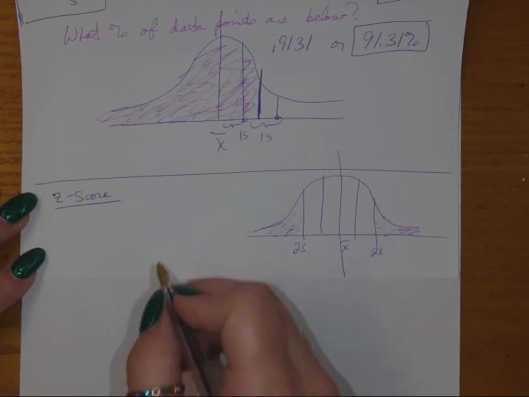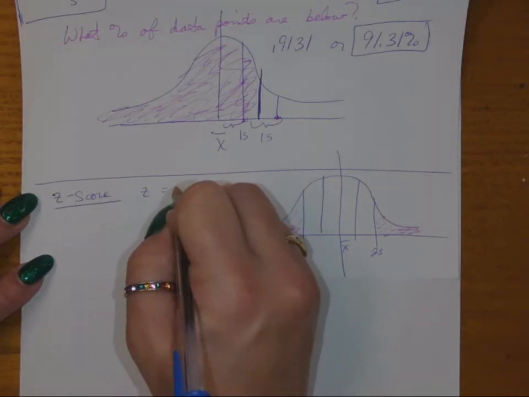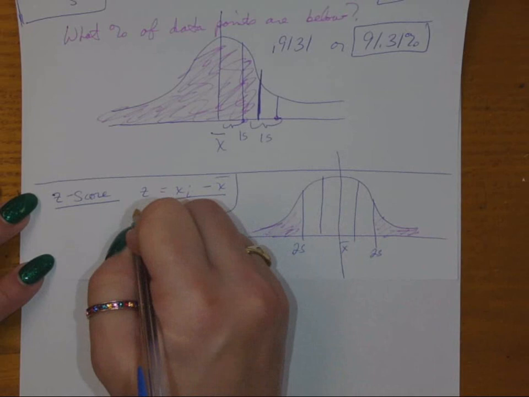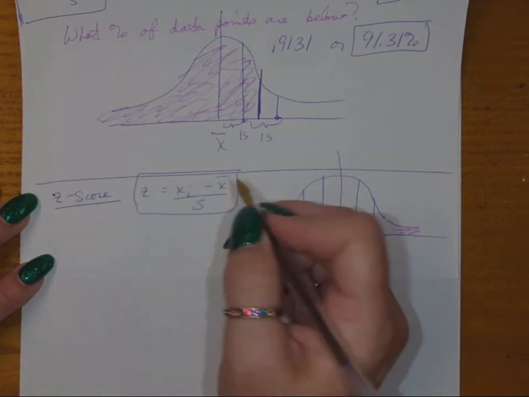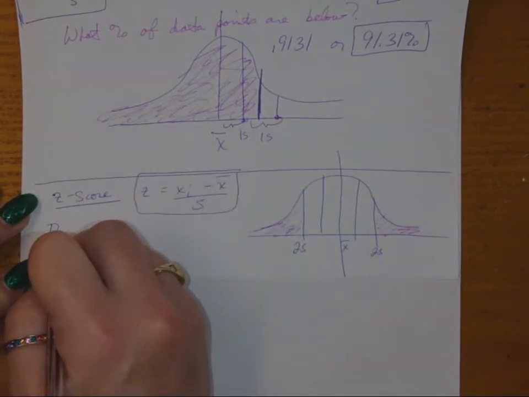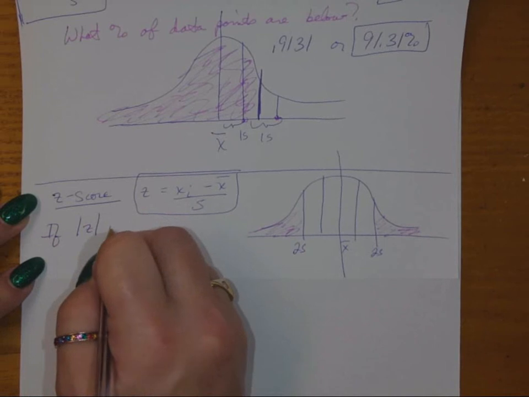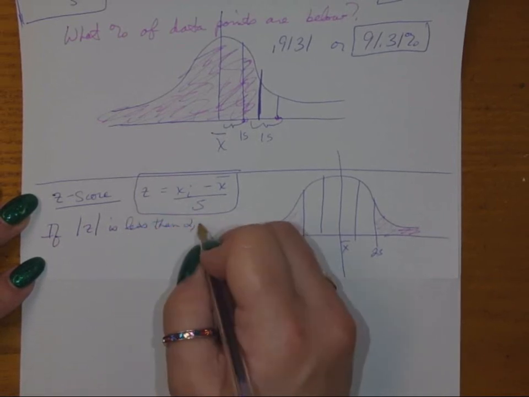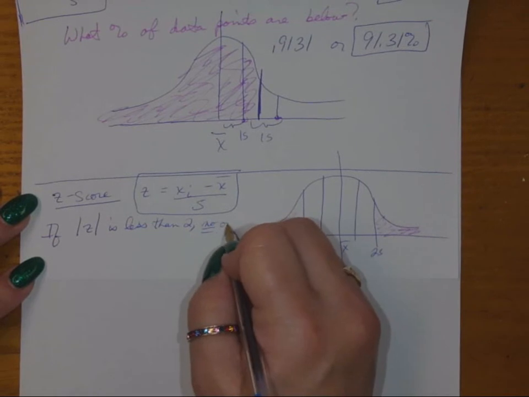So a lot of times what you'll see is, if we use this as our z, the standard z-score formula, if the absolute value of z is less than 2, there is no outlier.